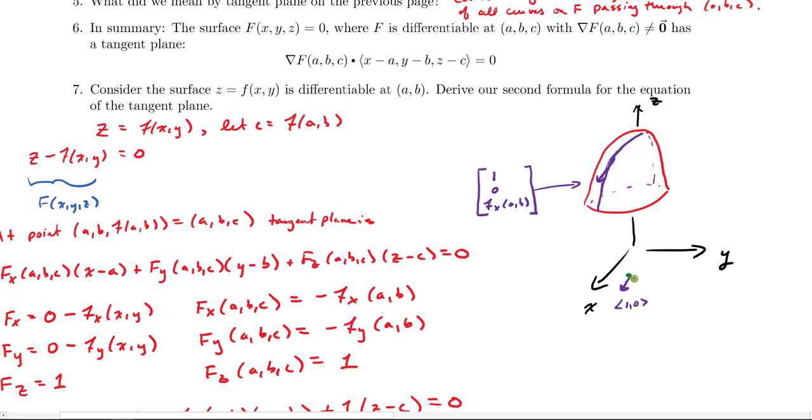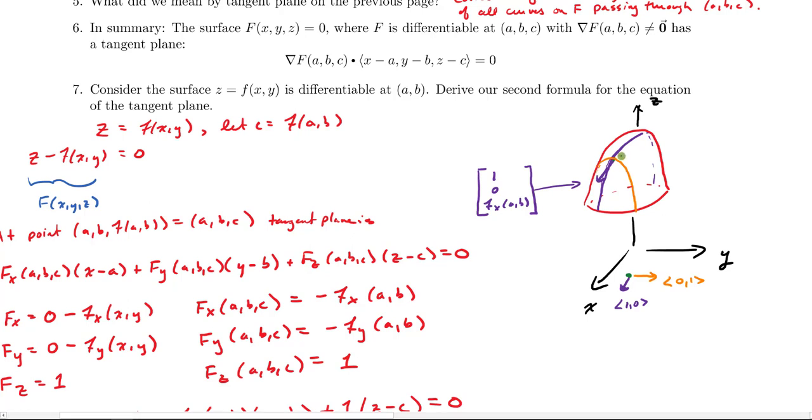Likewise, we could from that point look in this direction. And if we looked in this direction, let me make that a little bit better. There we go. If we looked in this direction, this would be the direction 0, 1. And so we could take a trace slice through our surface, which would look something like this. It should look familiar to the pre-work videos that you did in the directional derivative section.